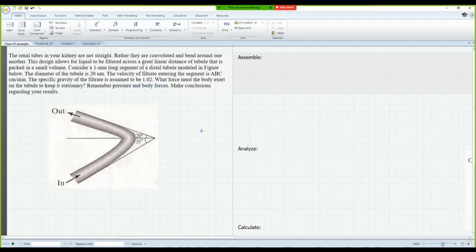So let's start as always here with a find statement. In this case, we're looking for FR, I'll call it, or the force needed to keep this tubule stationary.